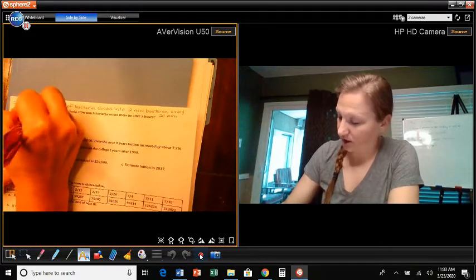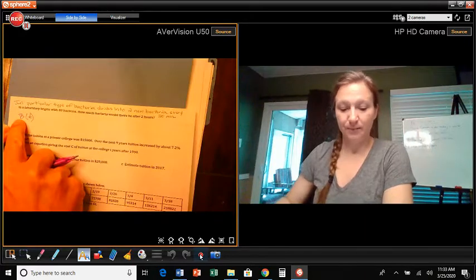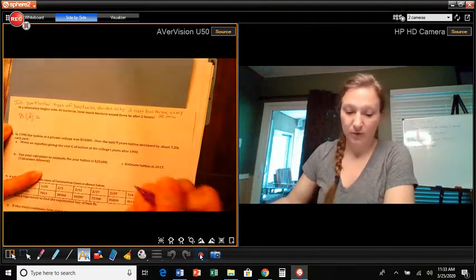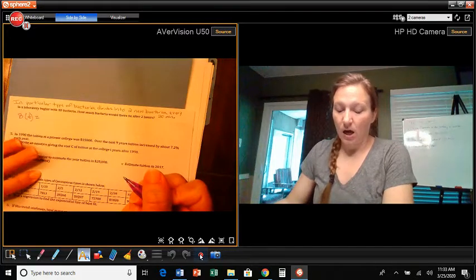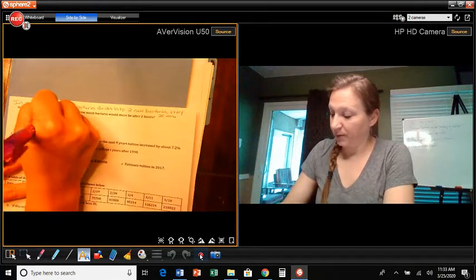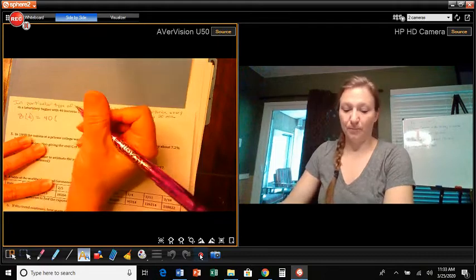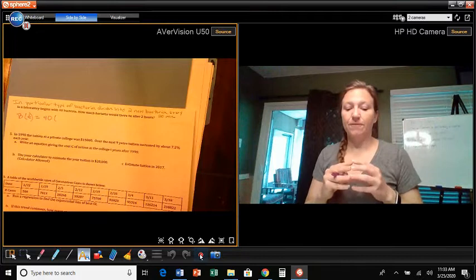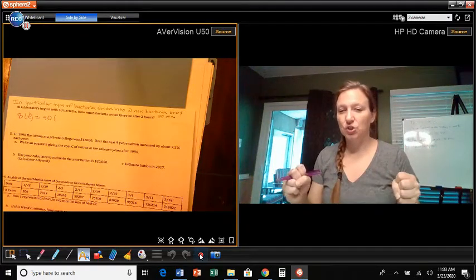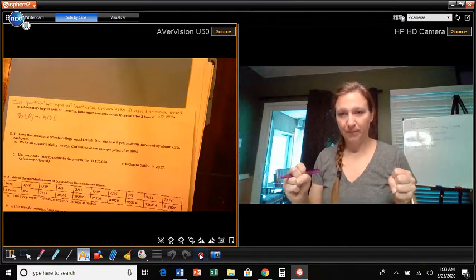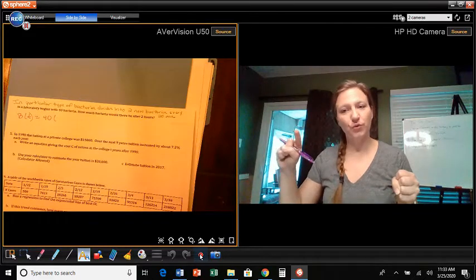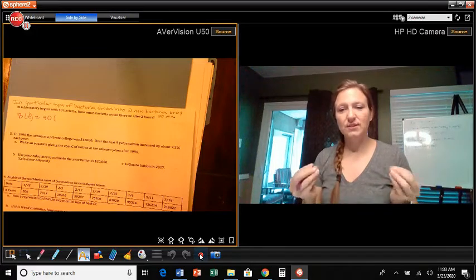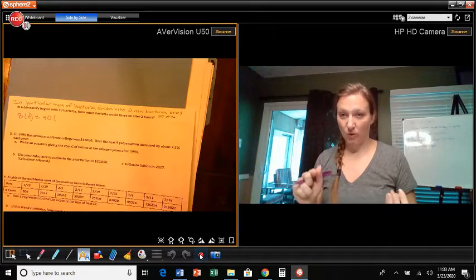So, we're going to call this function B of t for bacteria, and time is our 2 variables that we have. We know we start with 40 bacteria, so that's our initial amount. Now, this is the tricky part. If the bacteria is dividing into 2 new bacteria, is this exponential growth or decay? Students hear the word divide and they think it's going down.